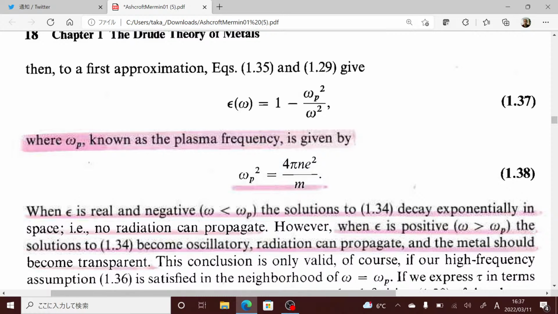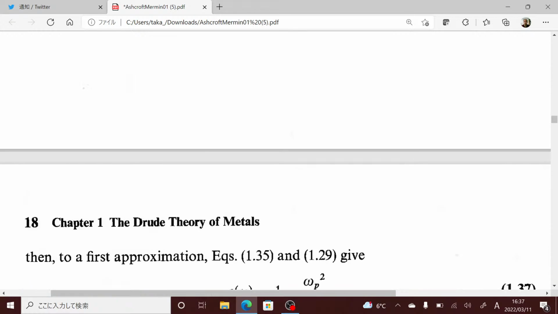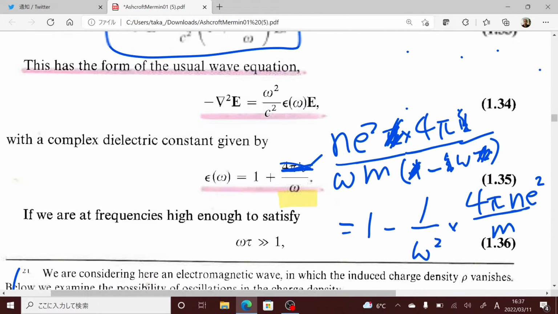The solution to 1.34 decays exponentially in space. No radiation can propagate.